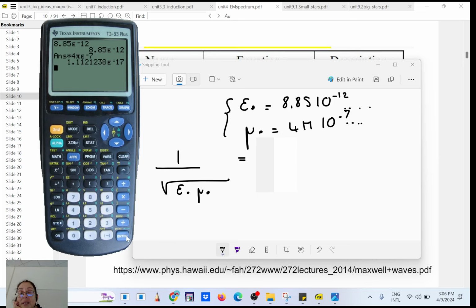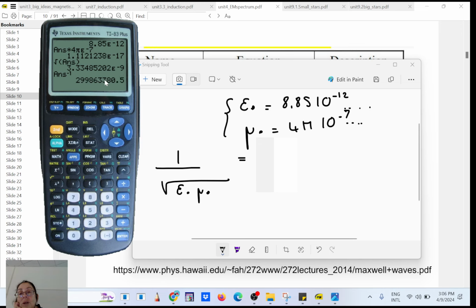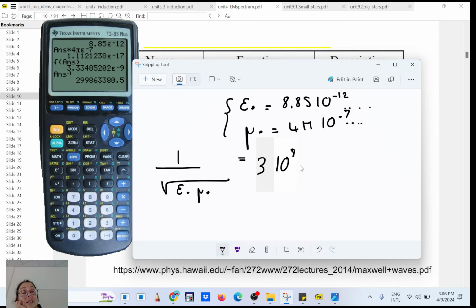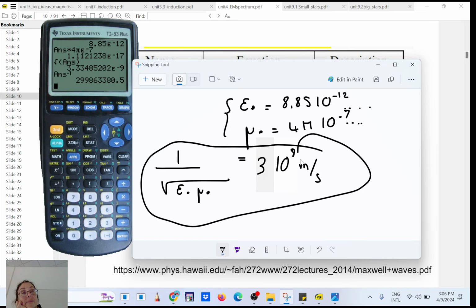Enter. And then you take the square root. So do square root, you call back the answer. Okay, so I did this, and then you take the reciprocal. Wow, what do you get? 1, 2, 3, 4, 5, 6, 7, 8, 3. So what is that number? The speed of light.